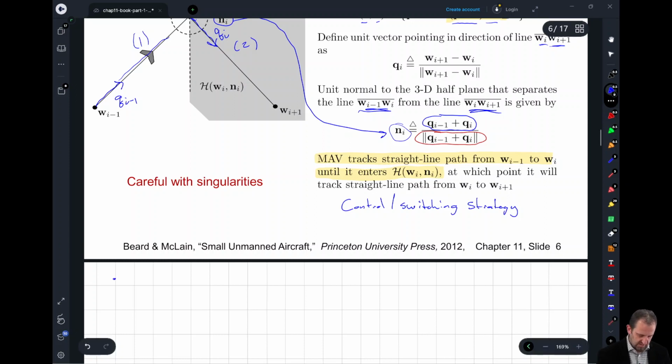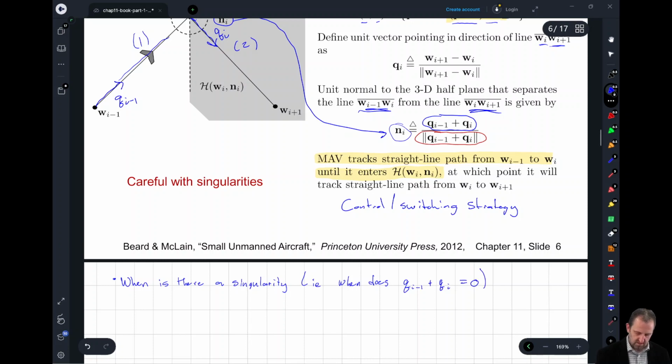So when is there a singularity? I.e., when does qi minus 1 plus qi equal 0?